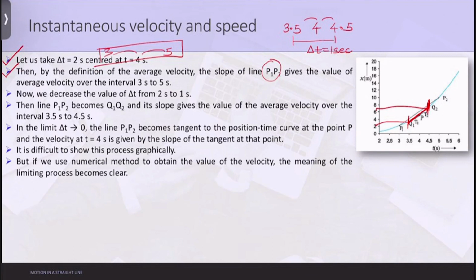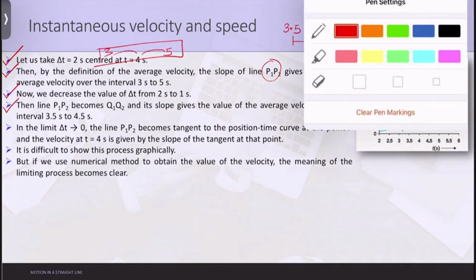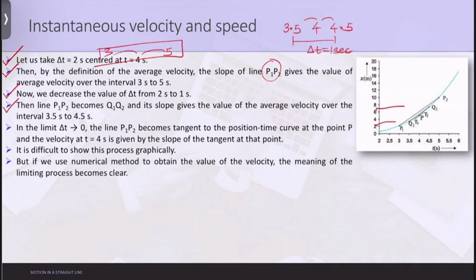That being said, next thing is, line P1, P2 becomes Q1, Q2, and its slope gives the value of the average velocity over the interval 3.5 seconds to 4.5 seconds. Next, in the limit delta t tending to 0, the line P1, P2 becomes tangent to the position-time curve at the point P. I think you know the meaning of tangent to the curve.